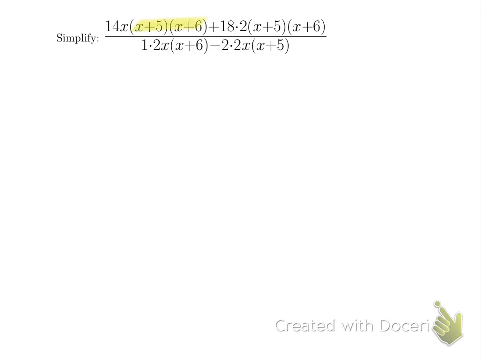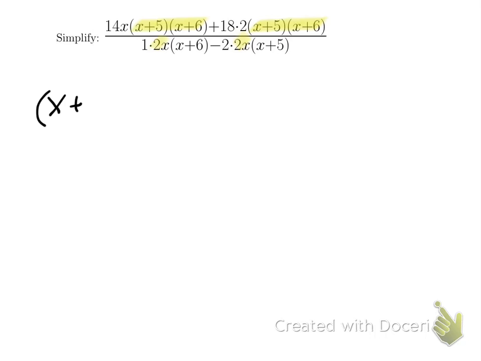What's interesting here is that what's left is pretty complex. I see a 14x, x plus 5, x plus 6, and 18 times 2, that's 36, x plus 5, x plus 6, and downstairs there's quite a bit too.